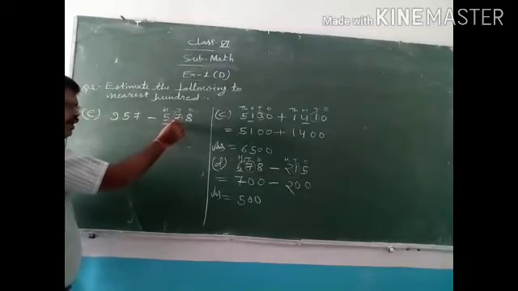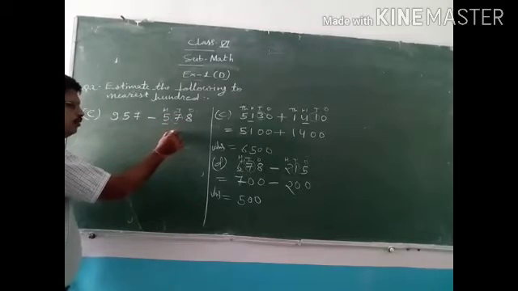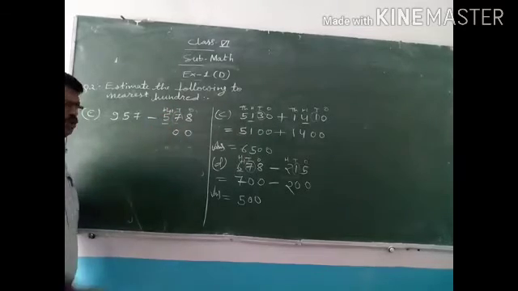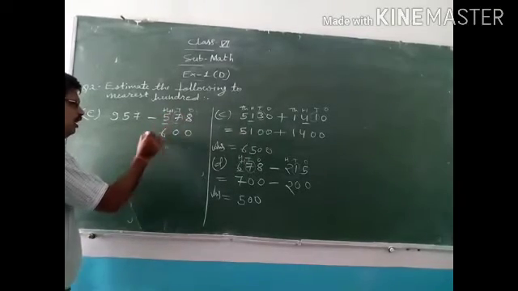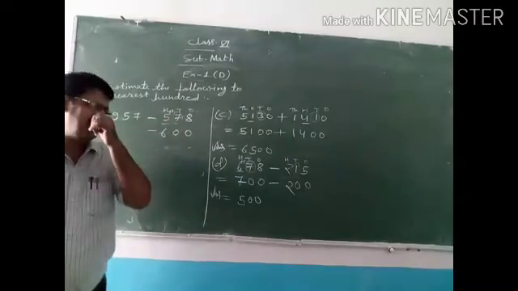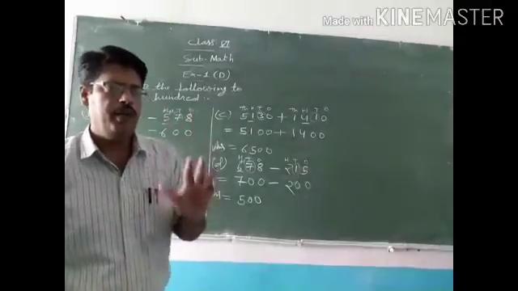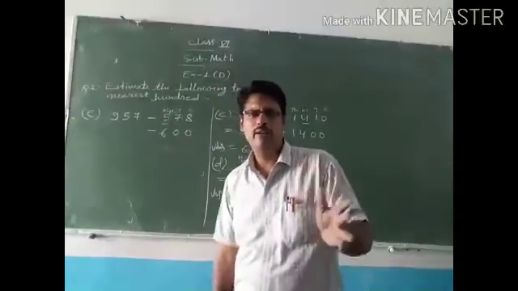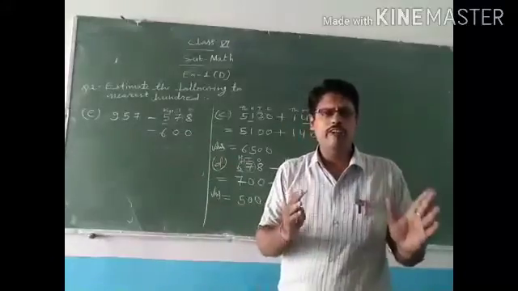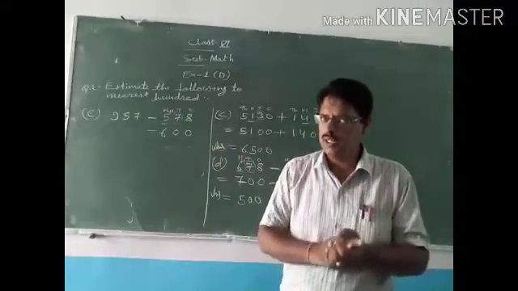Here is 7, greater than 5. 5 से बड़ा है. It will become 0, and here +1 we will do. So 5 plus 1, 6. Okay. Means 578 comes in between 500 and 600. 578 जो है वो 500 और 600 के बीच में आता है.